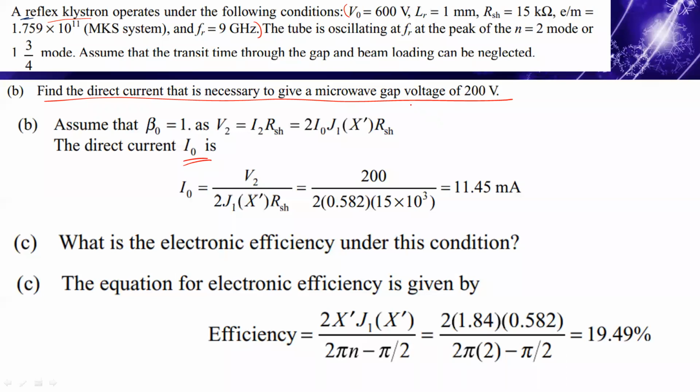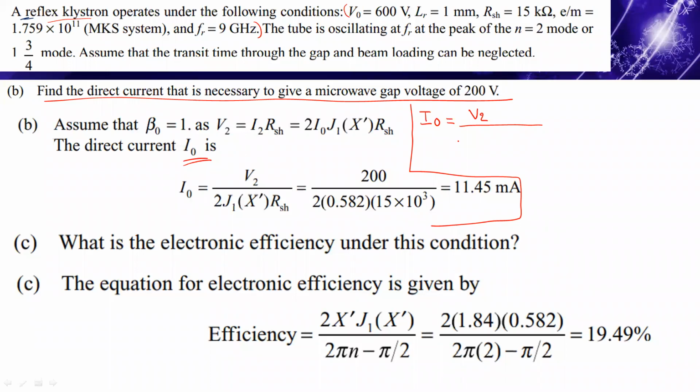So in our theory, what is the formula we have? So I naught, that is the microwave direct current. Gap voltage they mentioned V2. So V2 divided by the formula we have.